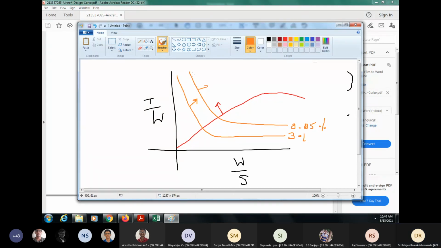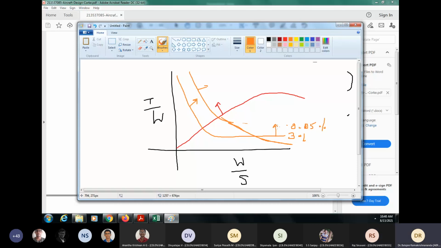In this case, it may not be like this. It may cut the curve something like this also, because CD naught is different, correct? So in this case, combining these two, as far as this graph is concerned, only this is a feasible region.